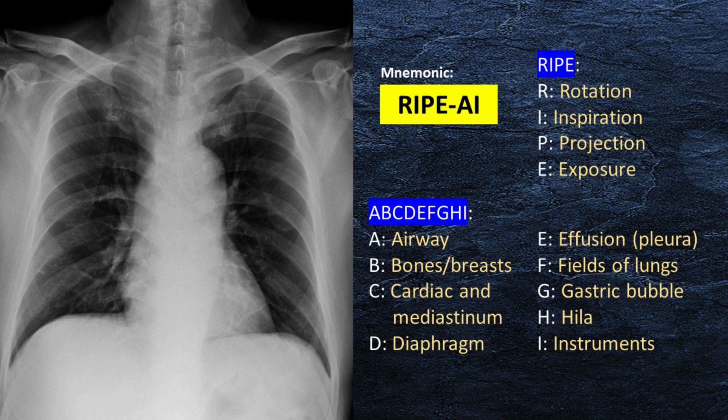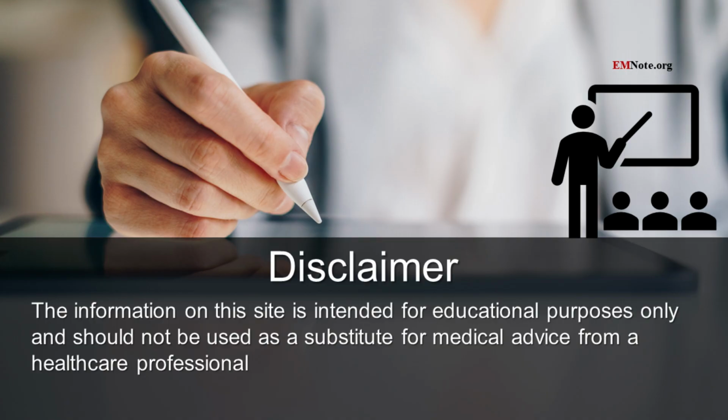AI reminds one to use the A to I approach to carry out a structured interpretation of a chest X-ray, where A stands for airway, B stands for bones and breasts, C stands for cardiac and mediastinum, D stands for diaphragm, E stands for effusions, F stands for fields of lungs, G stands for gastric bubble, H stands for Hila, and I stands for instruments.